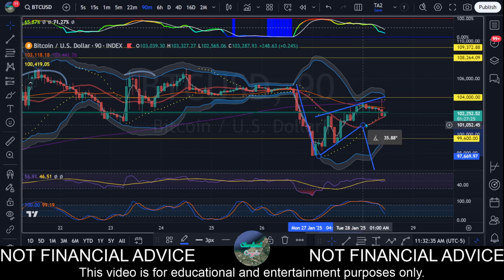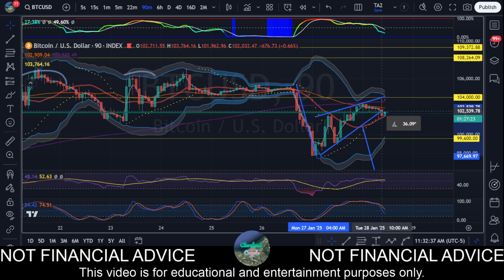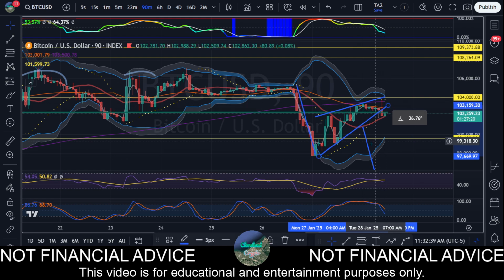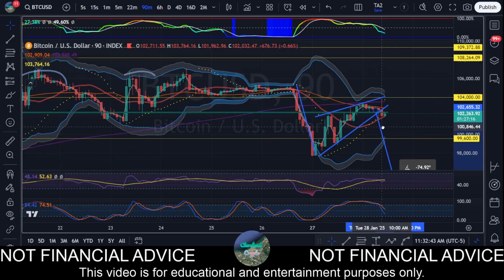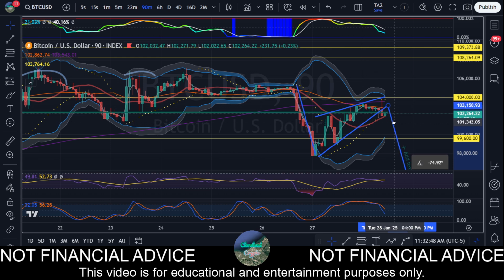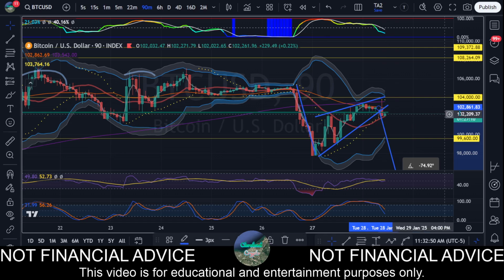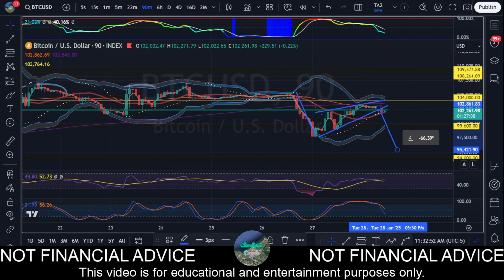We'll see that the bottom trend line has pretty much been broken within the last couple hours, and we also see the measured move, from the breakout, that would bring it down to around 95 and a half.